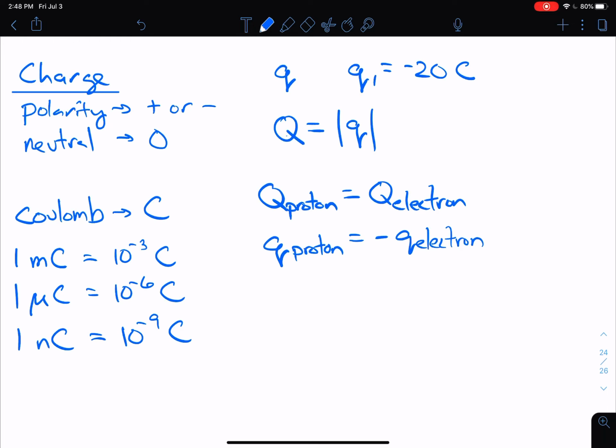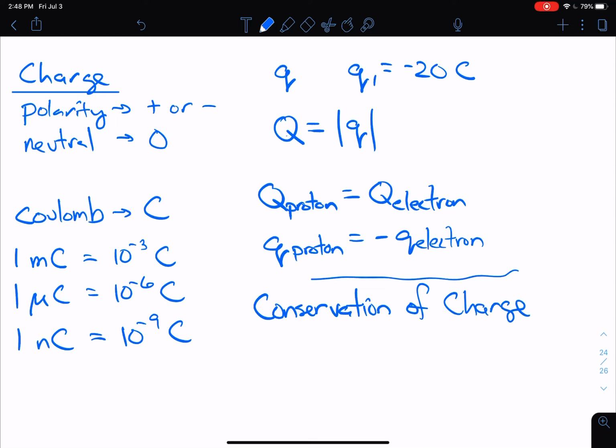Okay, the other big thing we need to talk about is conservation of charge. Physics has many conservation laws. There's conservation of energy, conservation of momentum, conservation of angular momentum.